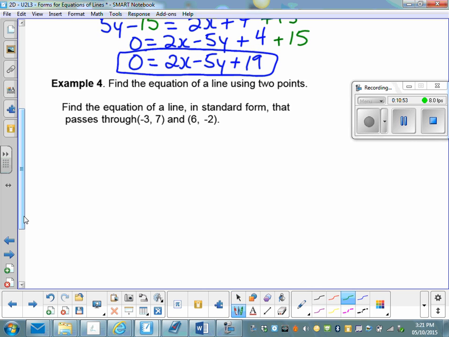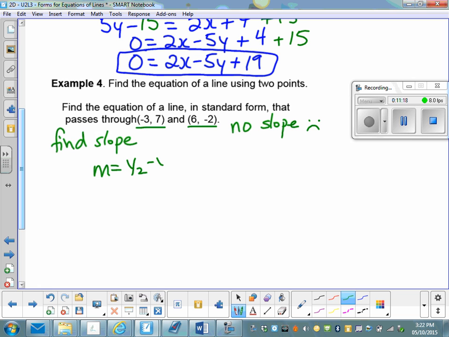Last example we're going to do. In this one, we're finding the equation of a line in standard form, just like we've done in the questions up above. But here, very sad, we don't know the slope. So that means before we do anything else, we have to find the slope. So hopefully you remember your slope formula from math last year.